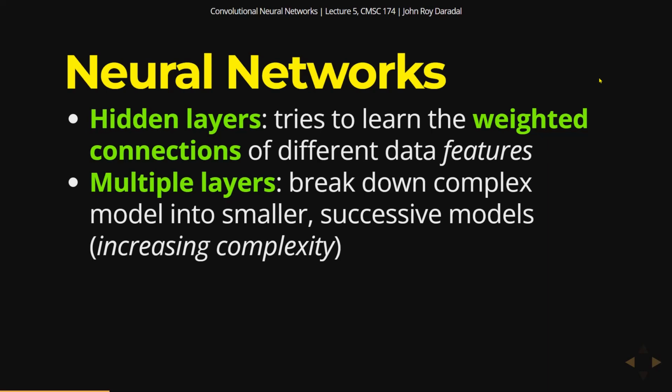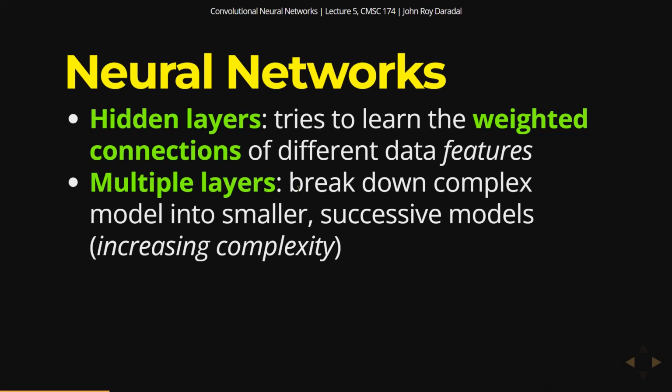Now, the neural networks have multiple layers because instead of having one giant complex model that tries to do everything, we will try to break it down into smaller successive models. So each layer will try to do its own thing, and then it will pass off what it learned to the next layer, and then the next layer will try to do something that's a little bit more complex.